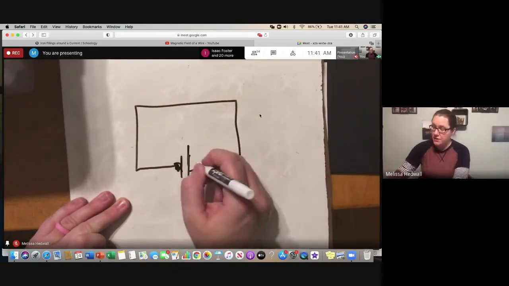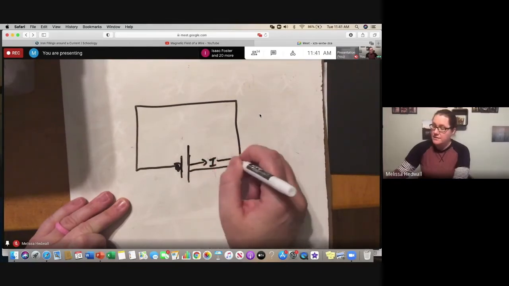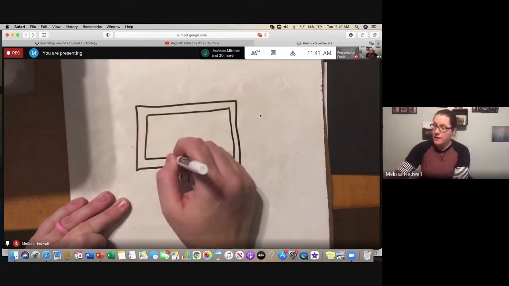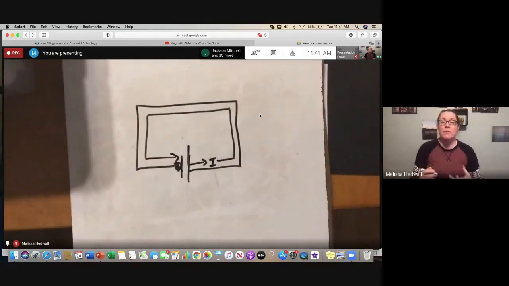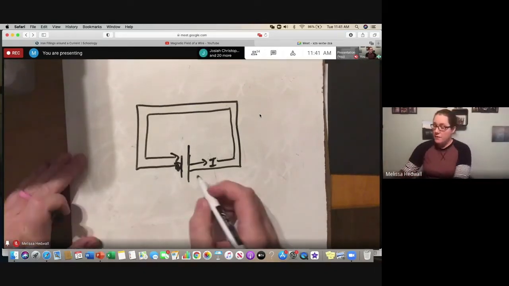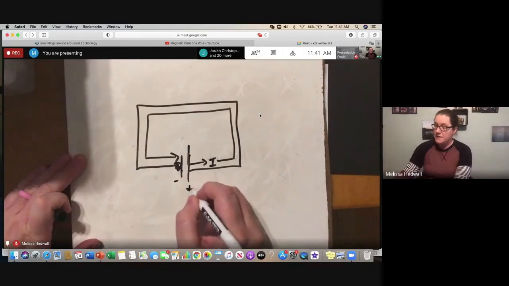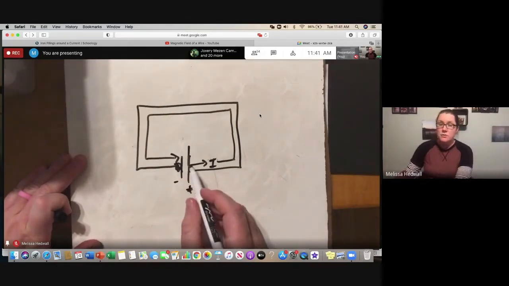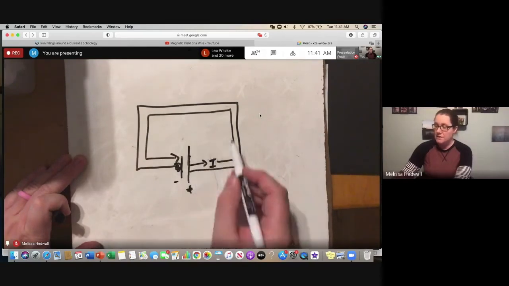Conventional current is discussed as moving from positive to negative, because at one point when they originally were figuring out how all of this worked together, it was believed that it was a positive charge that was moving. If you have your positive side here and your negative side there, that positive charge would be repelled by the positive side of the battery and pushed around from positive to negative.